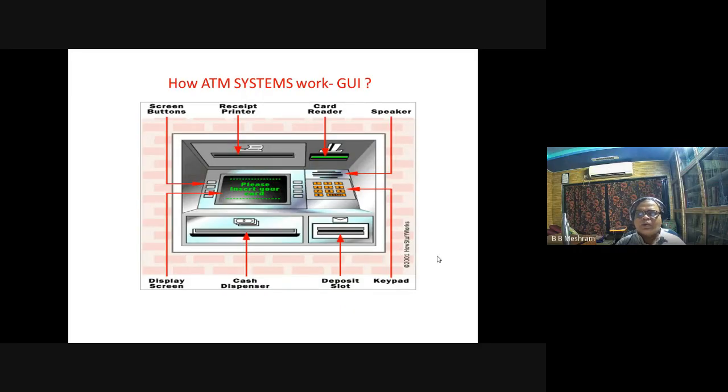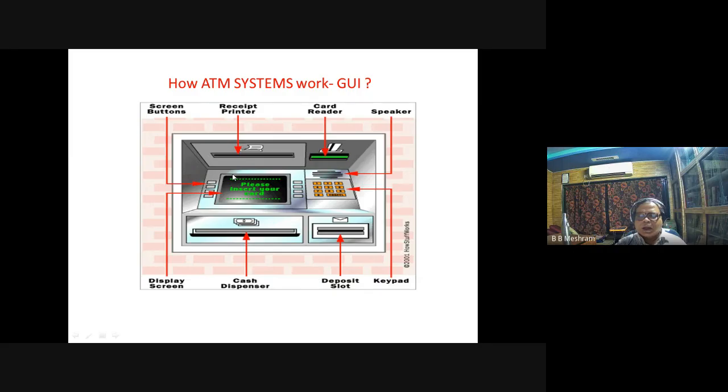Now we will deal with how the ATM system works. So this is a graphical user interface. In this graphical user interface, you can see that there is a card reader, there is a keypad. You can insert the card from this reader. There is a deposit slot.